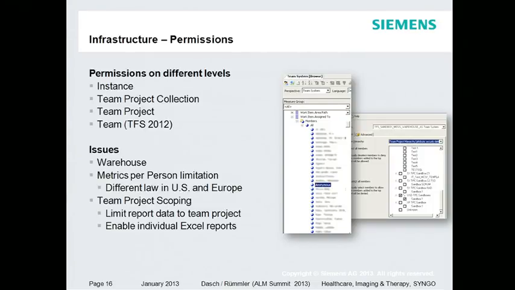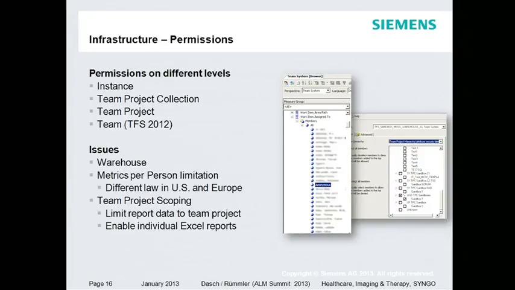Do it, for example, with these Active Directory groups. You can define permissions on different levels. As you can see here, for example, on the Team Foundation Server instance level, on the Team Project Collection level, on the Team Project level. Since the current version of Team Foundation Server, on the team level as well. So we introduced Team Foundation Server 2010, but now you have the teams as well.